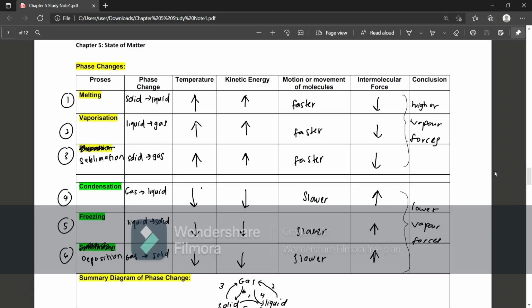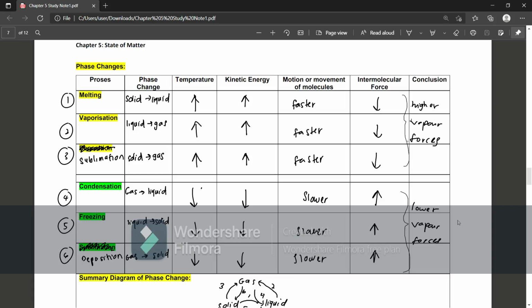Lepas tu sublimation, phase change is solid to gas. Senang cerita semua tu temperature increase, kinetic energy increase, motion of movement of molecules faster, intermolecular forces decrease.